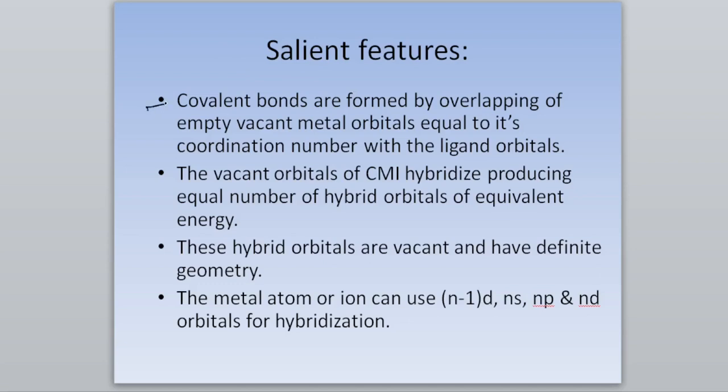Salient features. The first and foremost feature is covalent bonds are formed by the overlapping of empty vacant metal orbitals equal to its coordination number with the ligand orbitals.